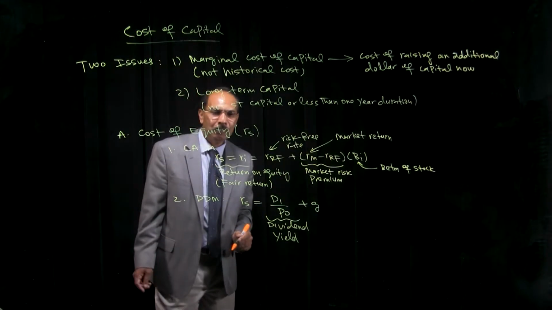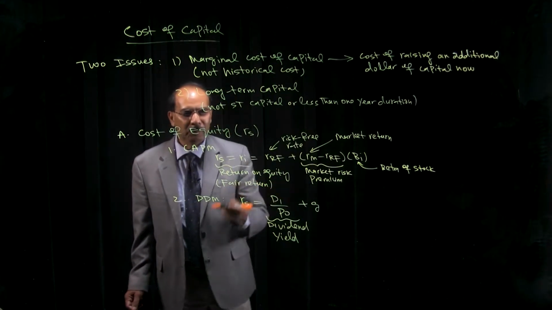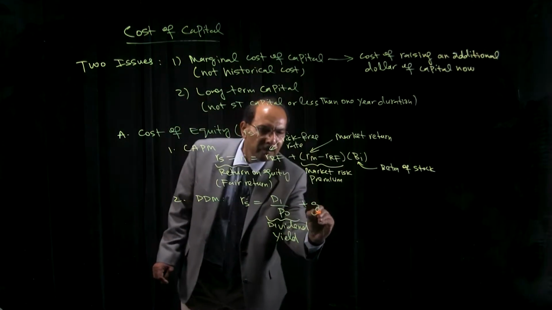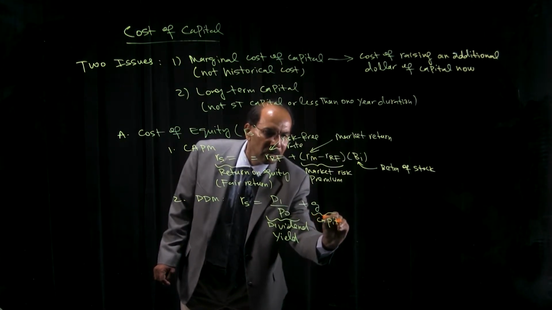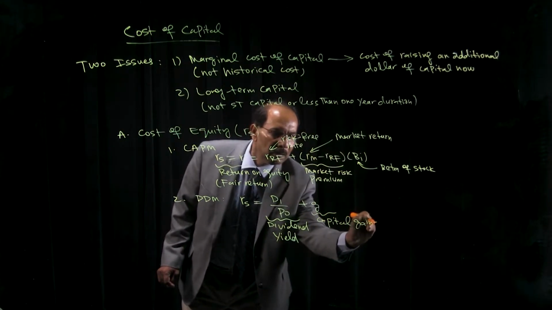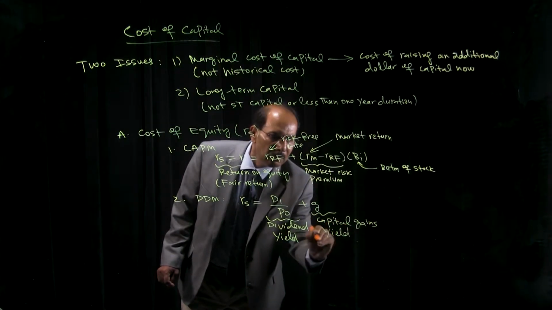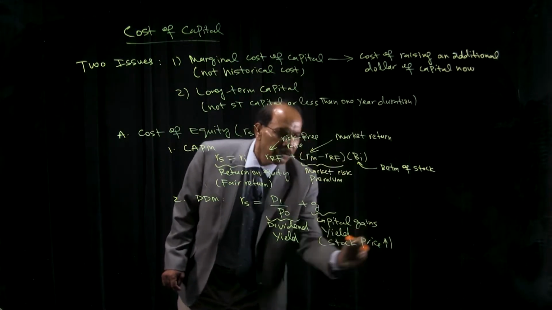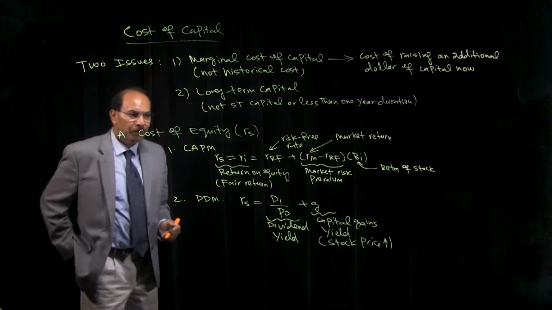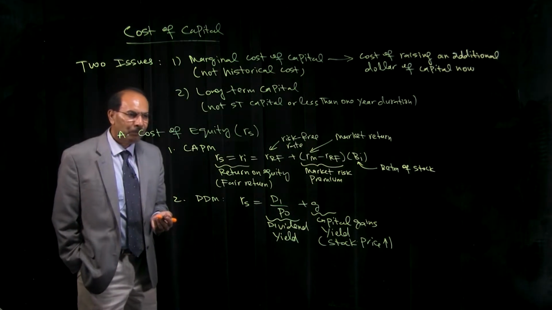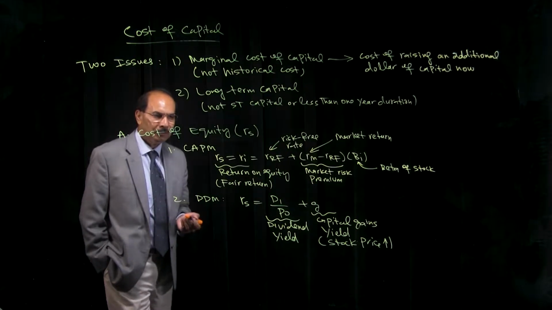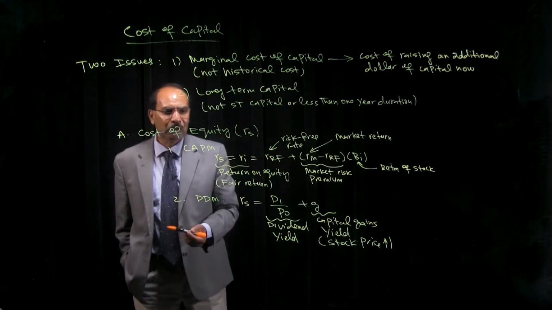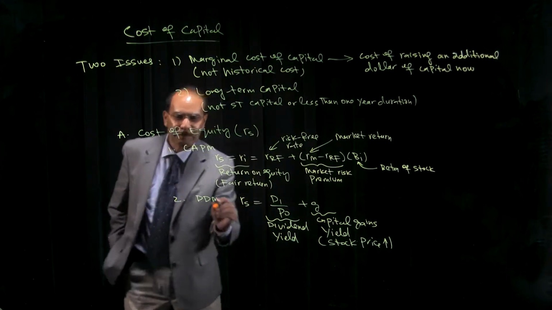The first way is, if the firm is going to be paying you dividends, we call it the dividend yield. Second obvious way is the price of the stock is going to be rising, and that's what we call the capital gains yield. So these two yield components combined are going to be referred to as the cost of equity or the fair return on equity.